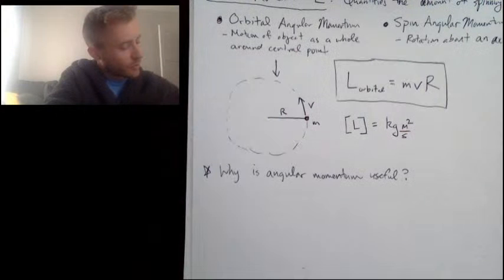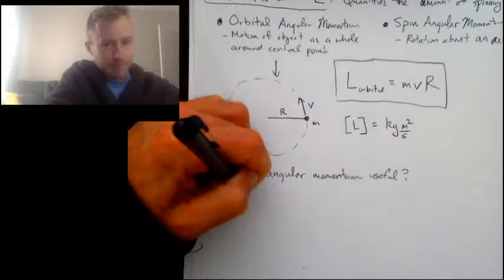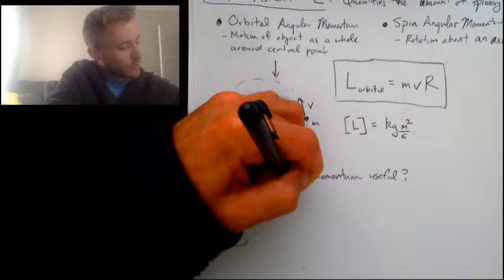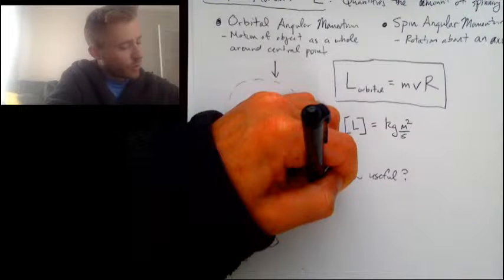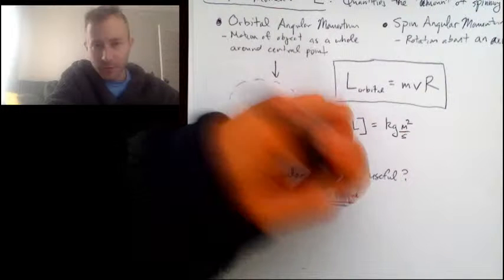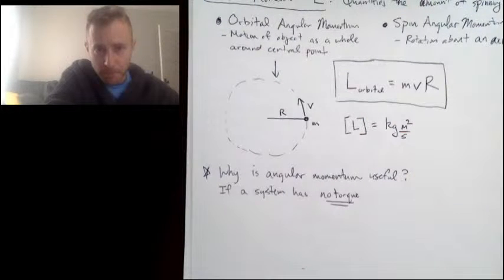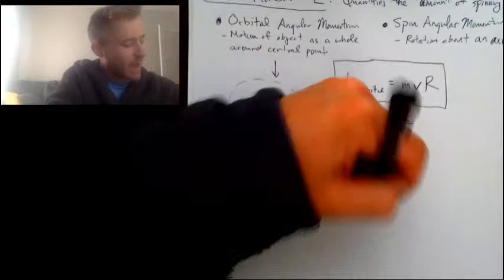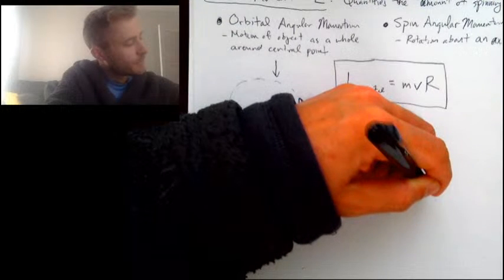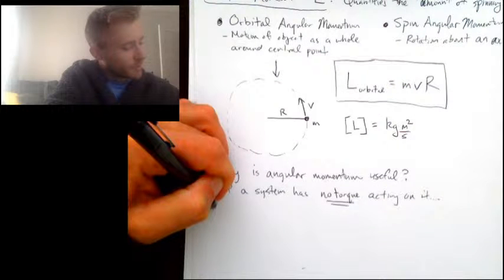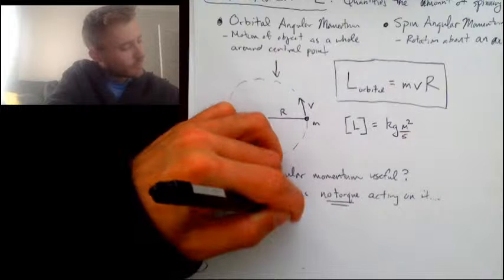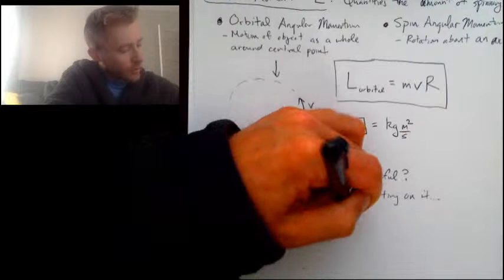Well, it turns out that if a system has no torque acting on it, and that's an important point, okay? If it has no torque acting on it, angular momentum is conserved.